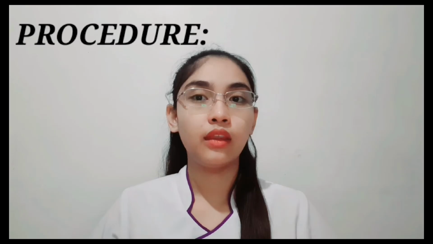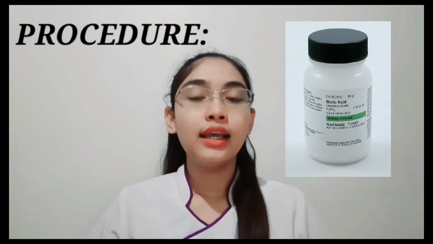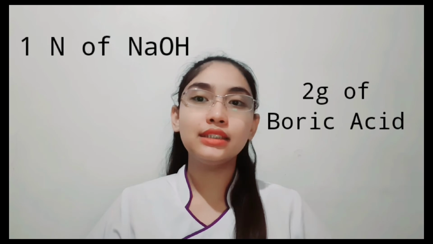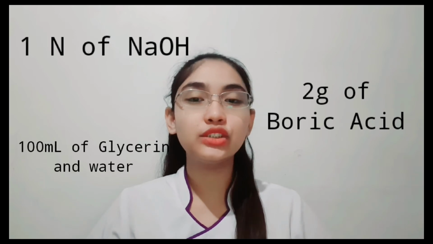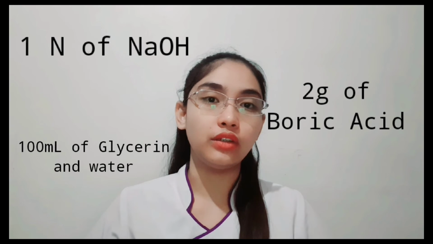Procedures. Procedure for the assay of boric acid. Titrate with 1N sodium hydroxide after dissolving about 2 grams of accurately weighed boric acid in 100 ml of a mixture of equal volumes of glycerin and water, previously neutralized to phenolphthalein TS.